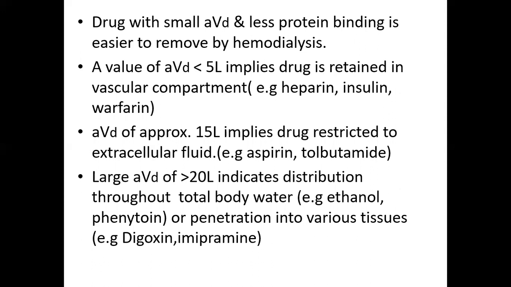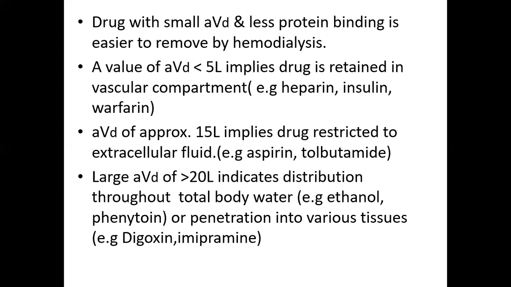A value of apparent volume of distribution less than 5 liters implies the drug is retained in the vascular compartment. Example, heparin, insulin, warfarin. An apparent volume of distribution of approximately 50 liters implies the drug is restricted to extracellular fluid. Example, aspirin as well as tolbutamide.